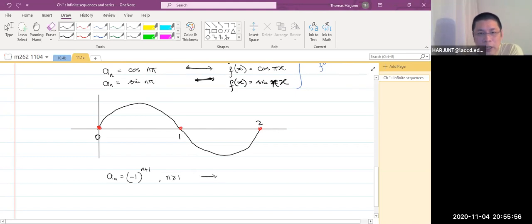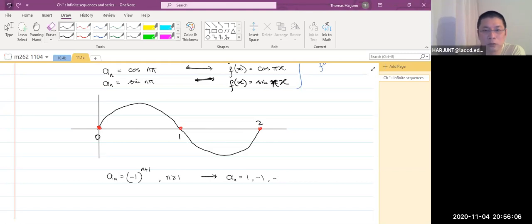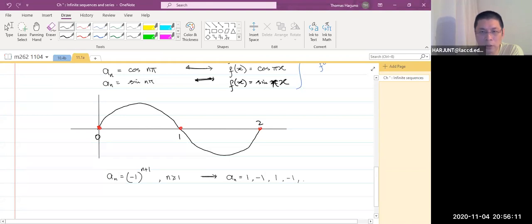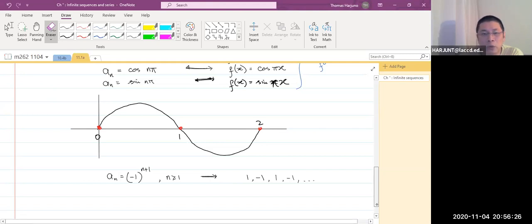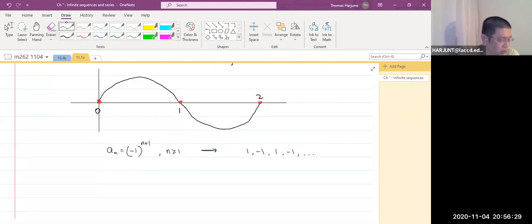Which, if I list that, it will be 1, -1, 1, -1, alternating sign. 1, -1, 1, -1, and 1. Now, one of the challenges, like what I told you earlier, is can you find the formula for the sequence by looking at that?